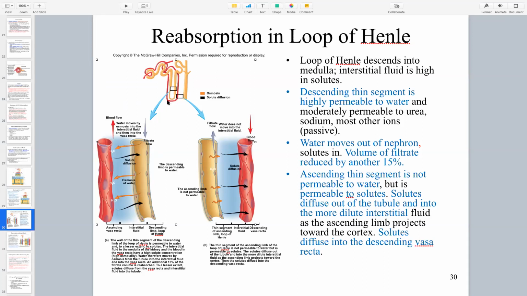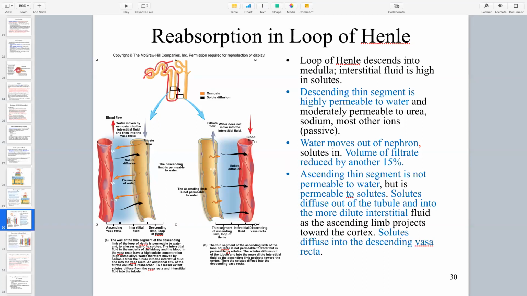Remember, as the blood moves up, it's receiving pure water. Remember when I mentioned that there's a reason why water wants to move out in the first place? The water wants to move out because the interstitial fluid is so salty due to the action of the pumps on the ascending limb.